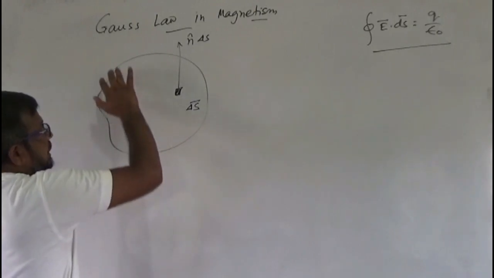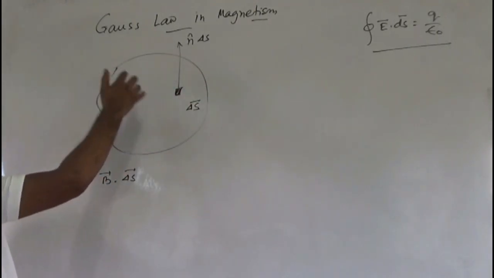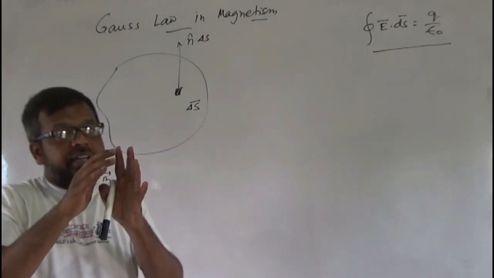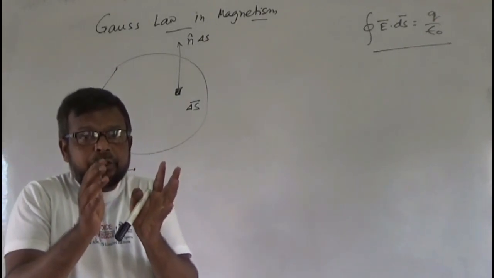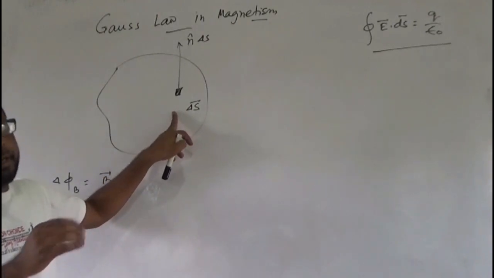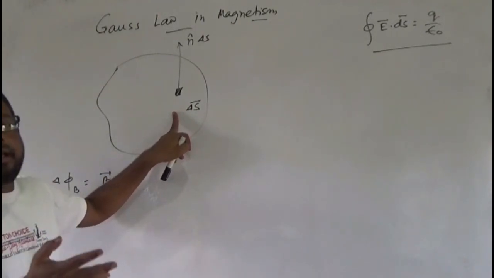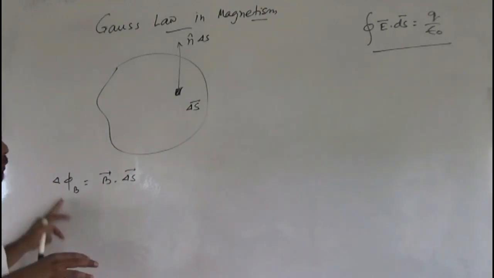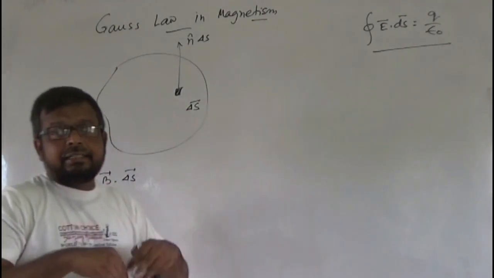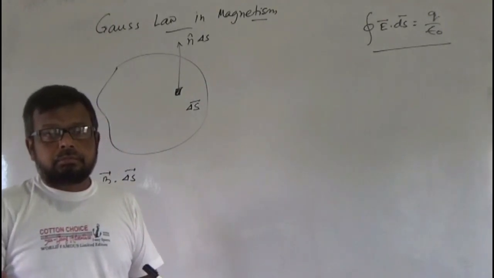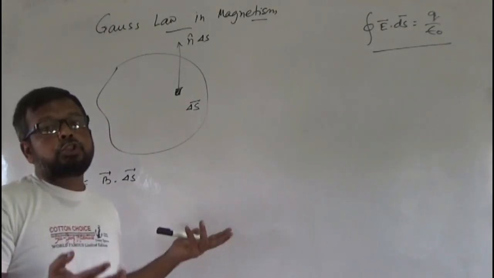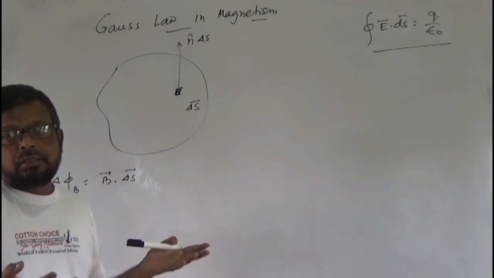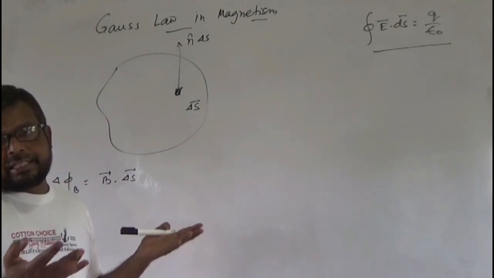Like that, we are going to divide the entire surface into many, infinitely many, delta S, calculate delta phi B through every delta S, and then sum. Take the sum of those fluxes through the individual elementary surface areas.